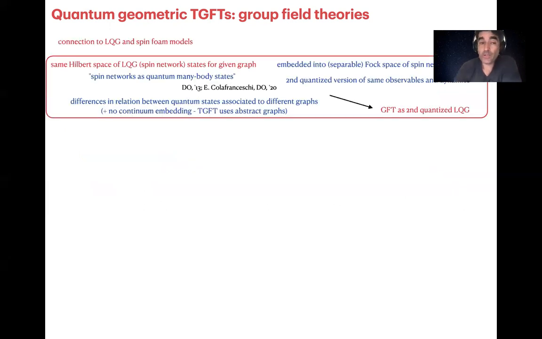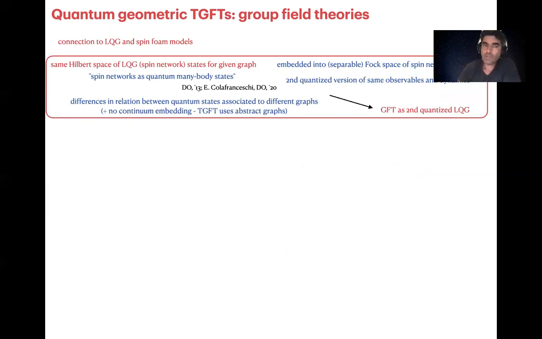There is a strict connection of these models to loop quantum gravity as well, because one has the same Hilbert space of loop quantum gravity states, so spin network states, for each given graph. A boundary graph, if you're thinking of the quantum dynamics.